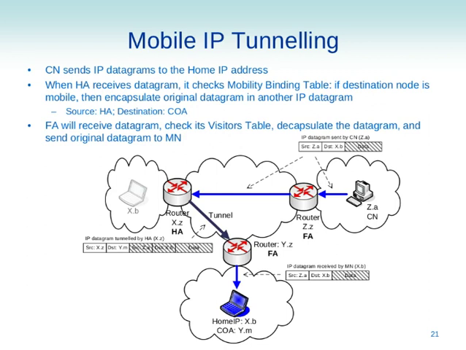So we're sending now from x.z to y.m. We send that out across the internet. It's forwarded because the destination is the care of address, that is y.m, an address on subnet y. It will be forwarded to the router that manages subnet y, which is our foreign agent.